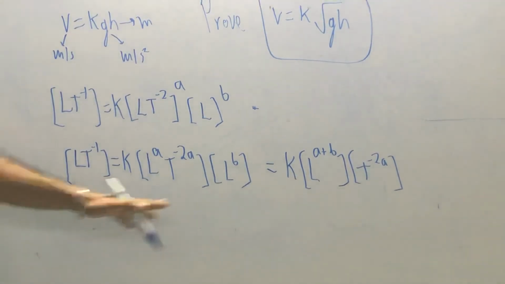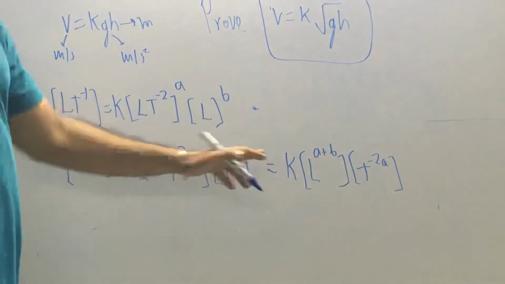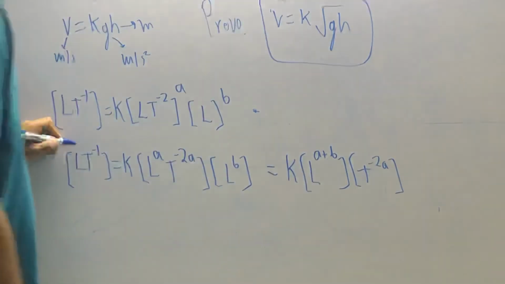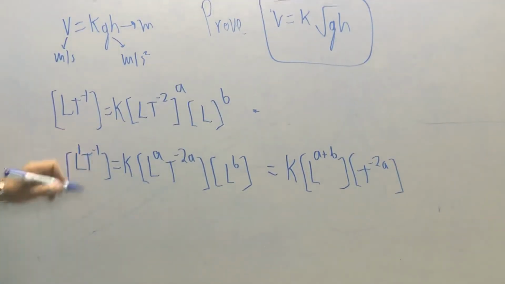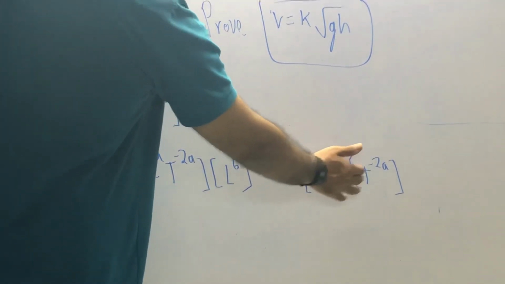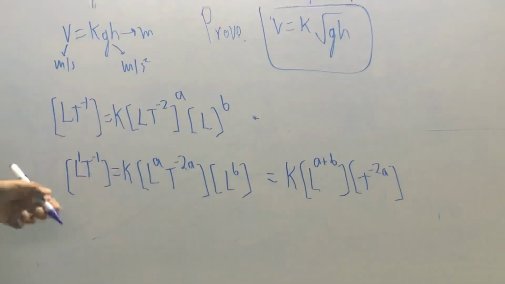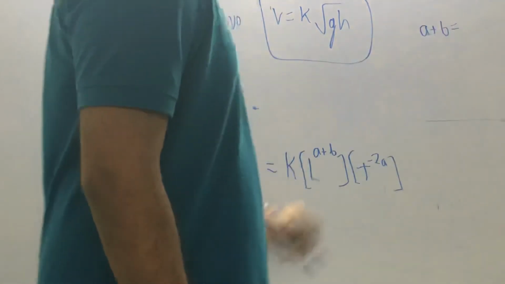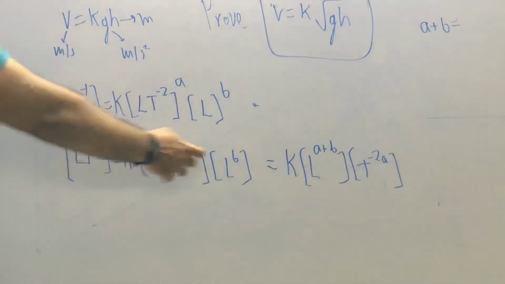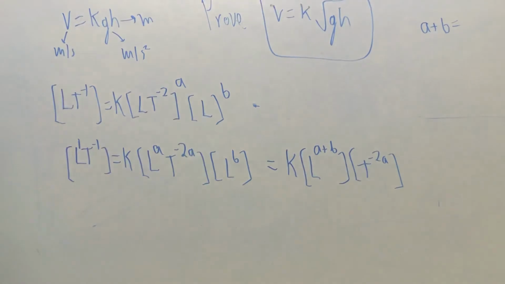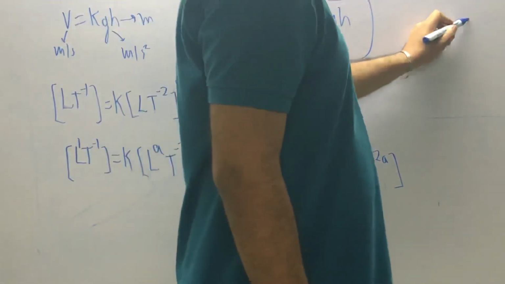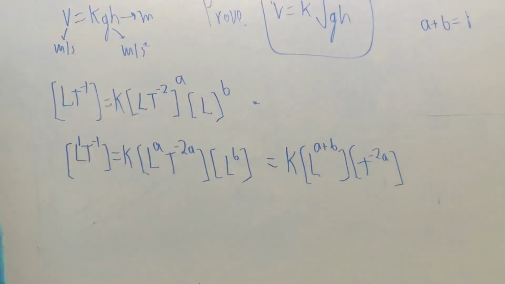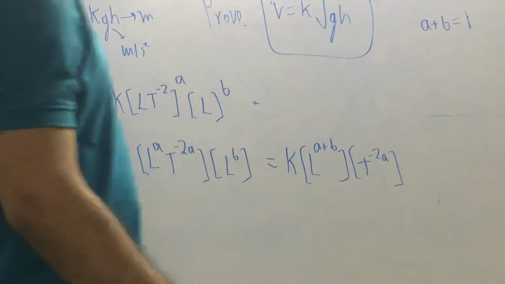Now just equate the same dimensions L and T on the LHS and RHS. On this side we have L raised to the power 1, T raised to the power minus 1. Here we have L raised to the power a plus b, T raised to the power minus 2a. So we can write a plus b is equal to 1, because both L will have the same dimension on both sides.